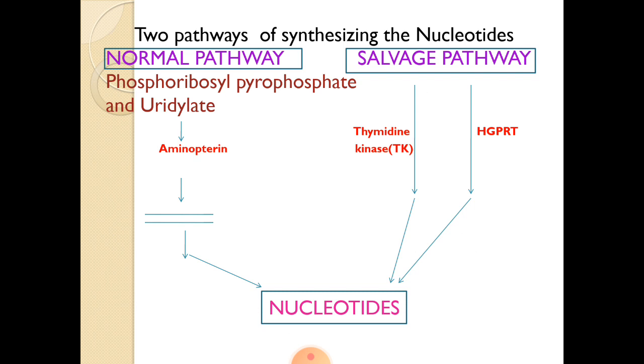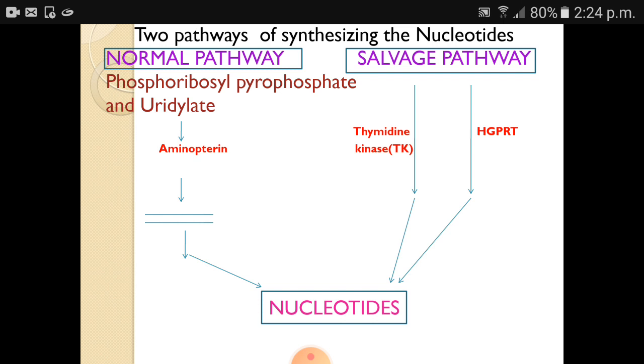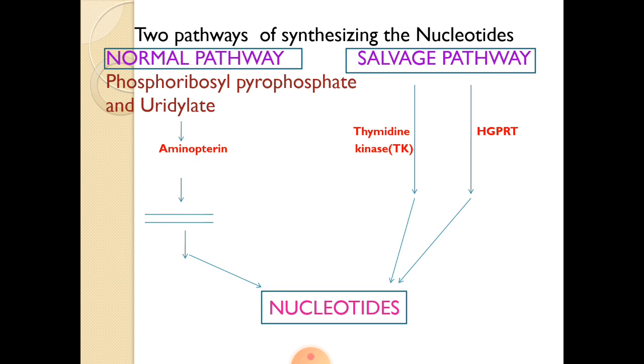This slide shows the two pathways of synthesizing the nucleotides, namely the normal pathway and the salvage pathway. In the normal pathway, phosphoribosyl pyrophosphate and uridylate are involved, and when you put aminopterin, the nucleotides cannot be synthesized.